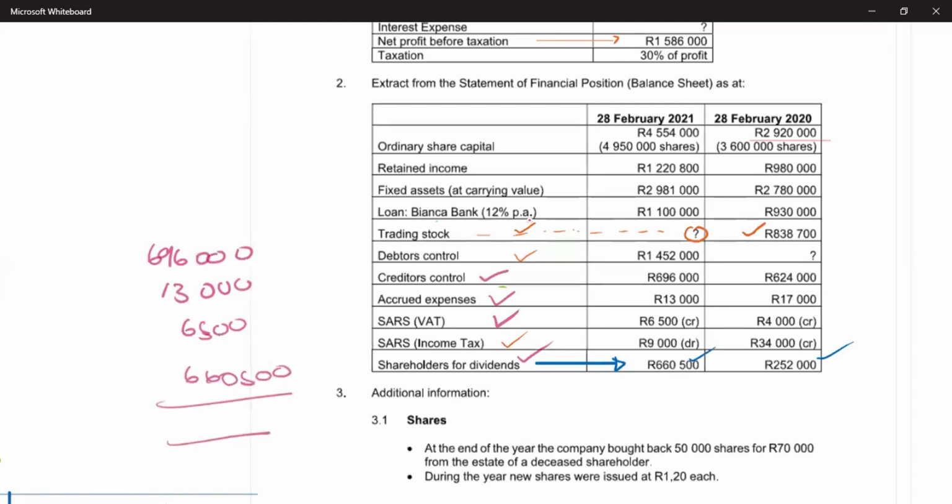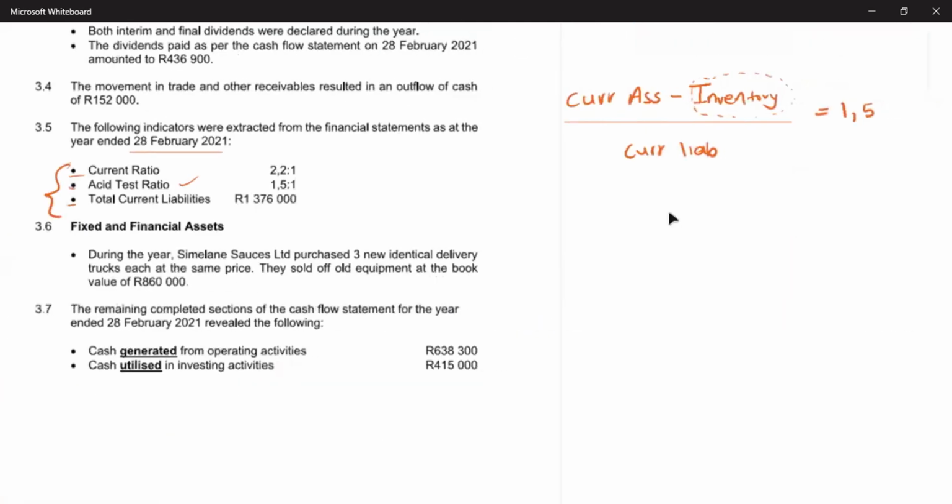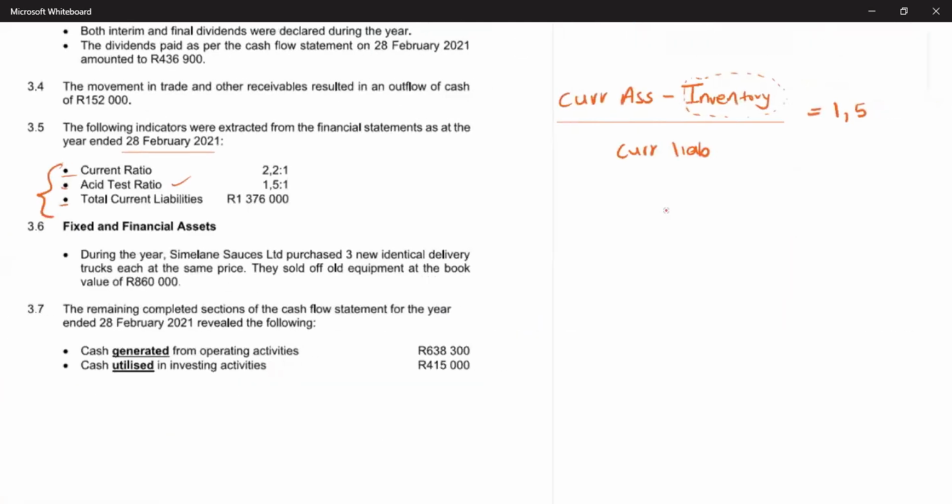I add all these, and my total current liabilities would amount to, now remember to show these workings on your answer sheet, right? 1,376,000. So these are my total current liabilities, right? So let me write them here. I have my current liabilities, and I've calculated them by just adding all of them, 1,376,000.